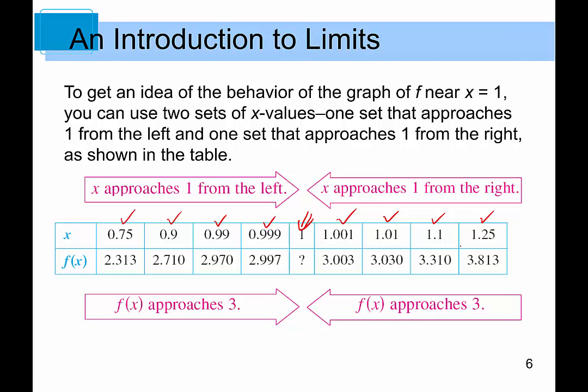In order to find out the limit behavior at this particular point x equals 1, let's see what the y value is. For x equals 0.75, f of x is going to be equal to 0.75 cubed minus 1 over 0.75 minus 1.